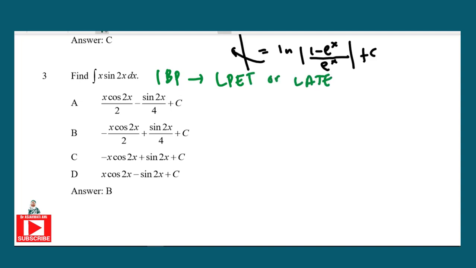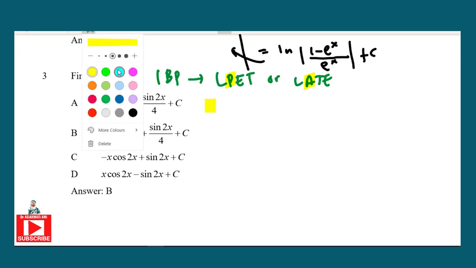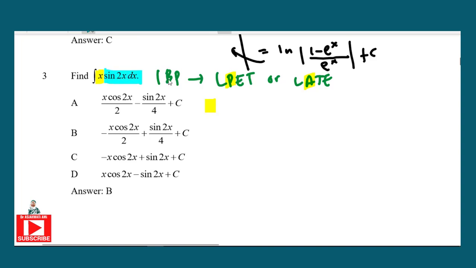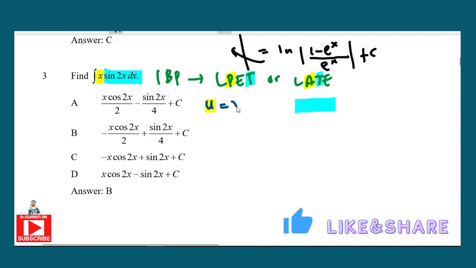Check, this is u, the polynomial or algebraic term. And the rest should be dv. So write down u is equal to x, dv is equal to sin 2x dx.